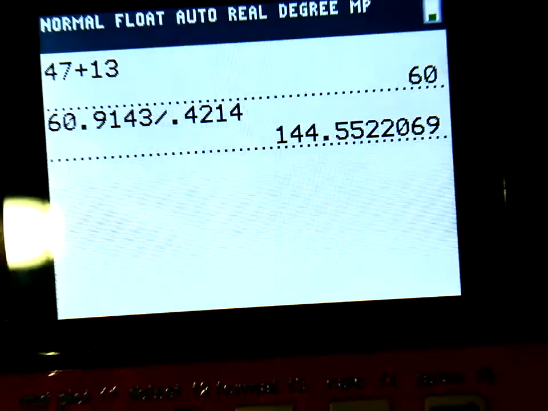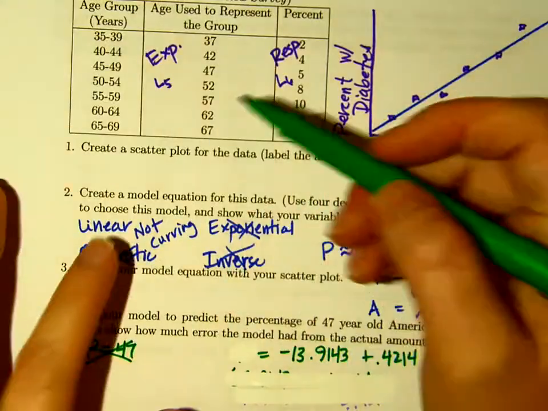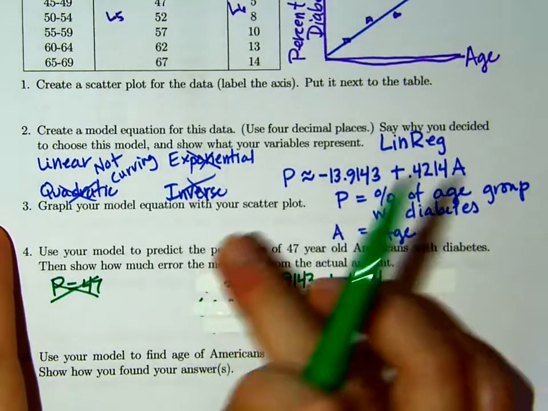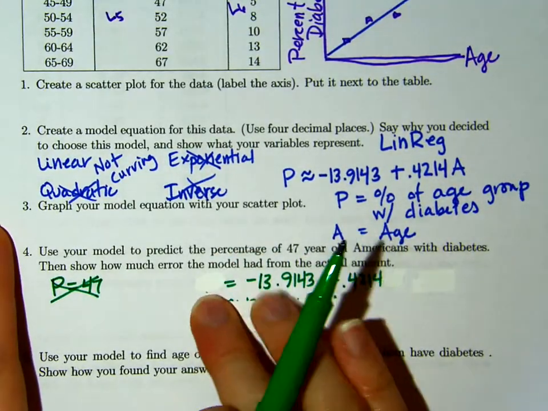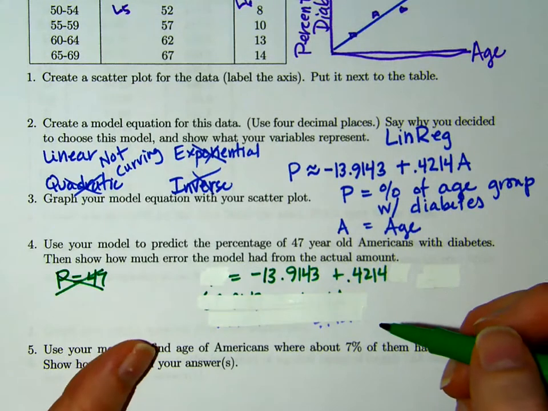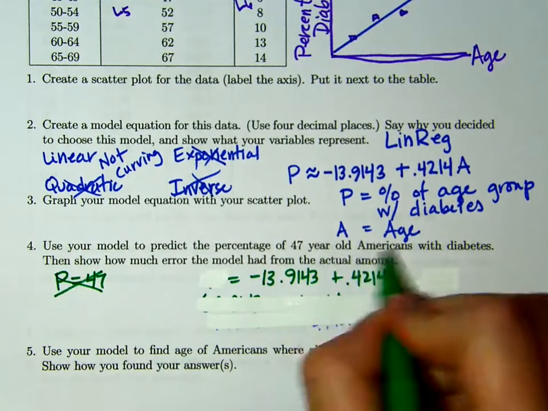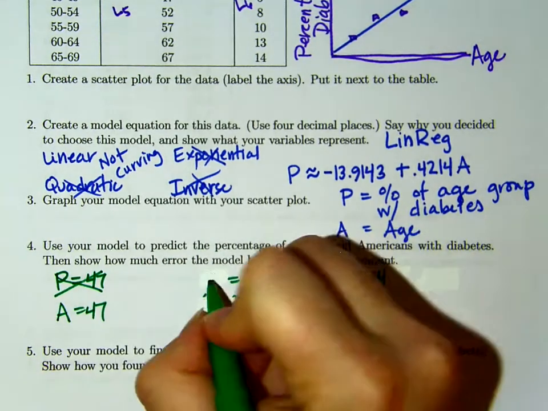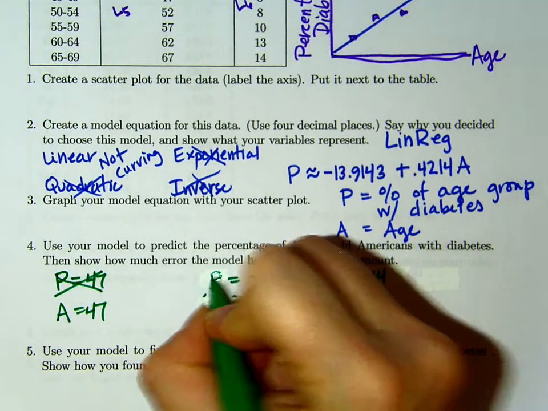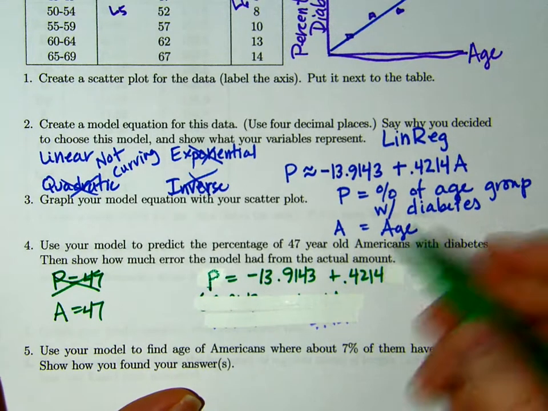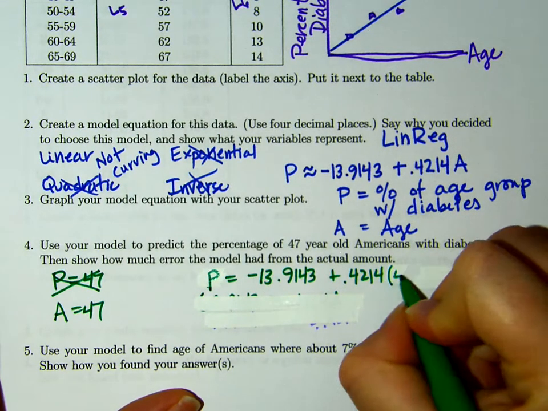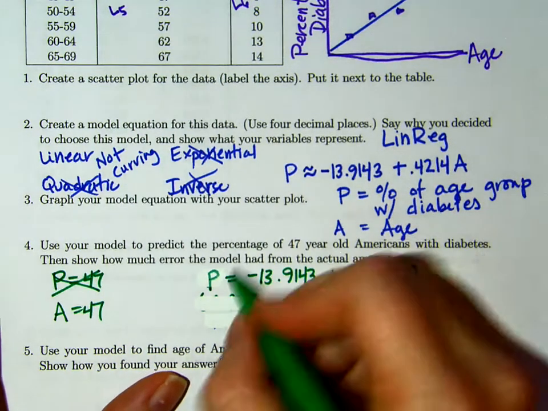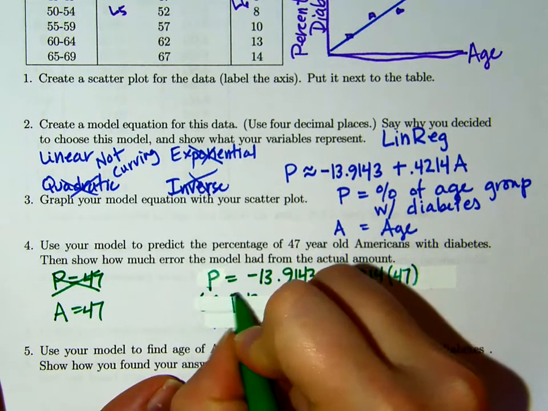I mean, in terms of the age and the percentage, makes sense, but as soon as I realized that the age was 144 years old, I was like, I have definitely made a mistake. This is the age. The age was 47. So the percent is equal to this times an age of 47. I made my life harder for, darn it.